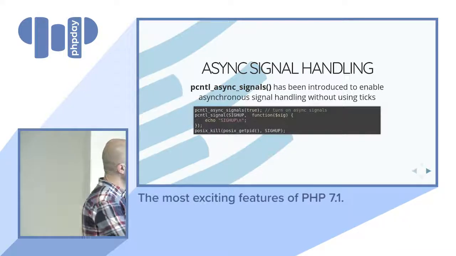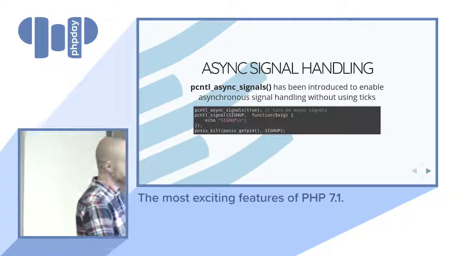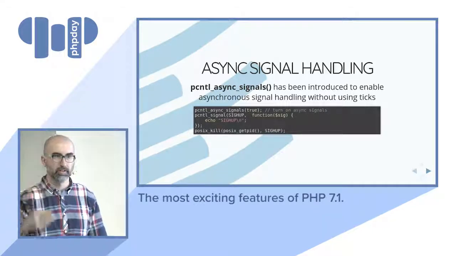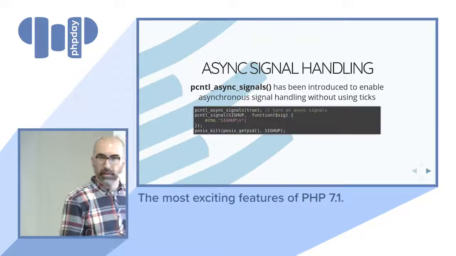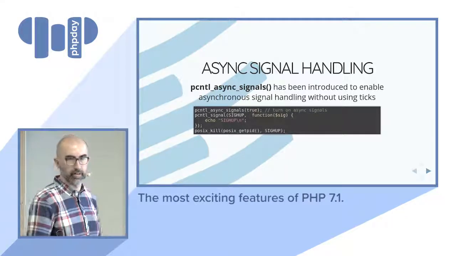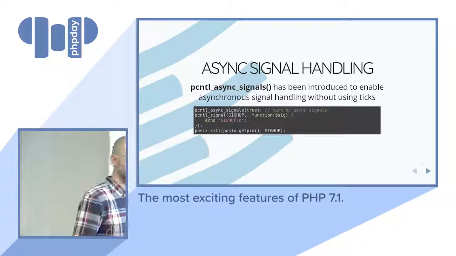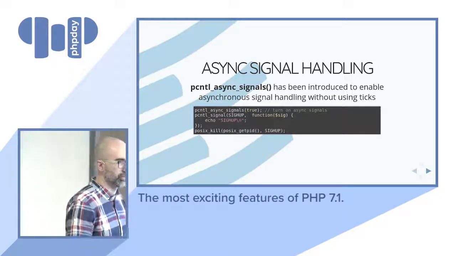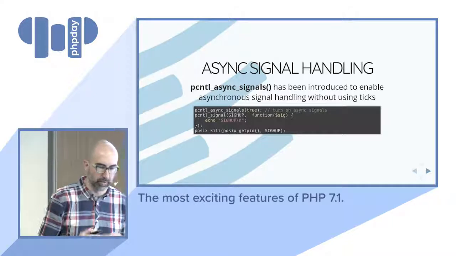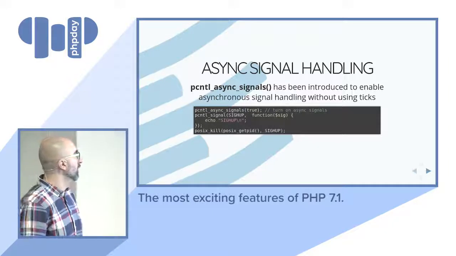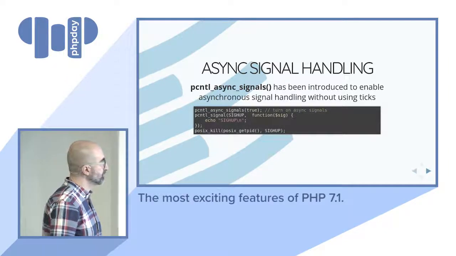And here we are just killing the process to pass the SIGHUP event, so we are just triggering the event. This is perfectly fine in 7.1, and it's quite nice because you don't have to be crazy with the manual stuff like looping, dispatching, and whatever. So I think it's quite useful.